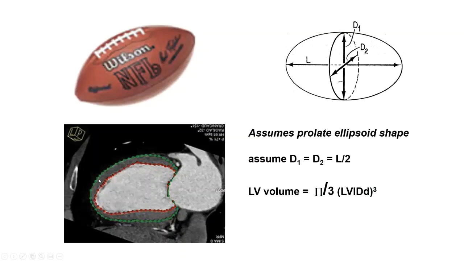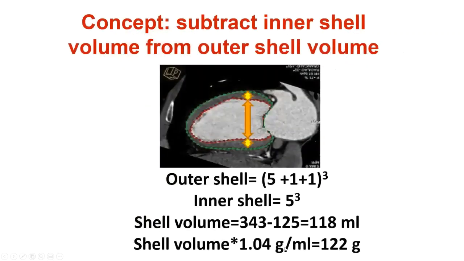Well, we can assume that there are two prolate ellipsoids representing the left ventricle, an inner ellipsoid, which is the left ventricular cavity, and an outer ellipsoid representing the cavity plus the wall thickness on either side.